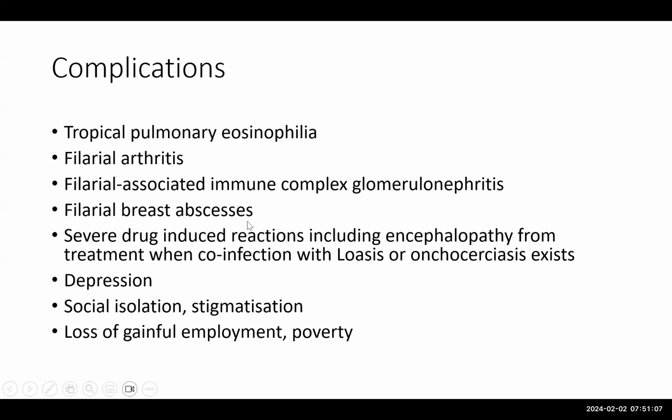We could have filarial breast abscess. Then, in an effort to treat, some of the drugs that are given, like diethylcarbamazine, can flare up lymphatic disease or onchocerciasis, which can coexist in these patients. They could have depression, social isolation, and stigmatization with loss of gainful employment and poverty from this. I mean, it can be pretty debilitating.